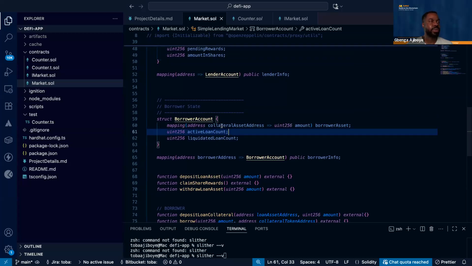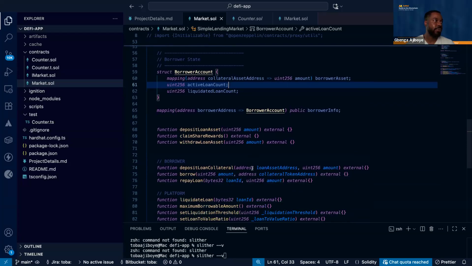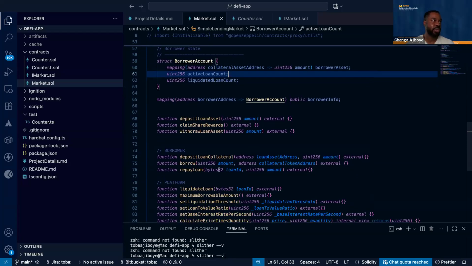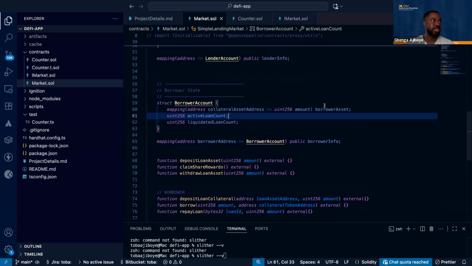It's because someone might deposit some amount of Bitcoin. The same person might also deposit some amount of Ethereum or Doge. So you see, there are multiple assets a person can have with multiple amounts. Whenever they want to borrow, they will be borrowing from one of these assets, which is why if you look at borrow, it takes in collateral, address, and amount, because you'll be decrementing from this whenever you are doing a proper borrow.